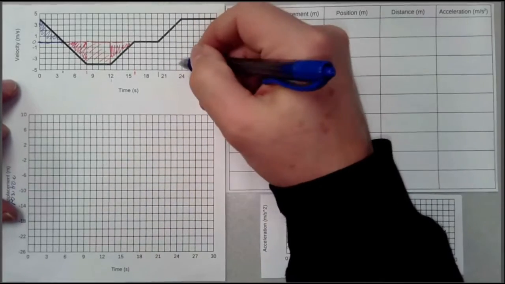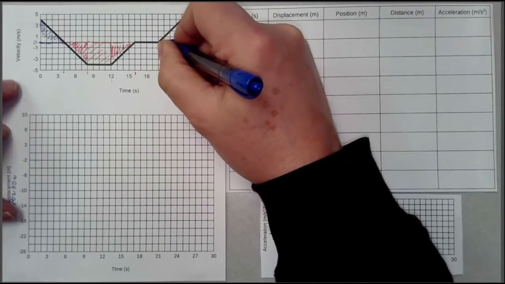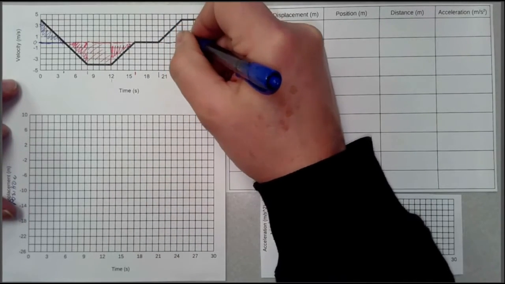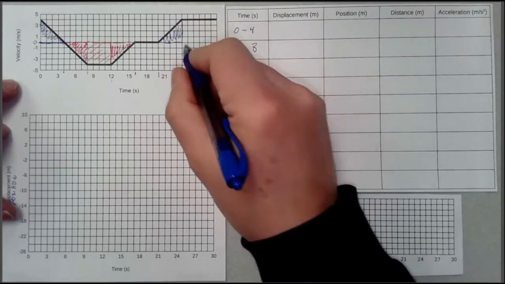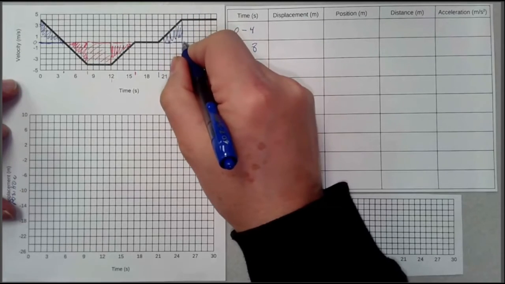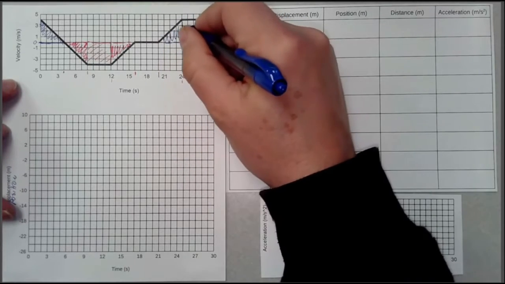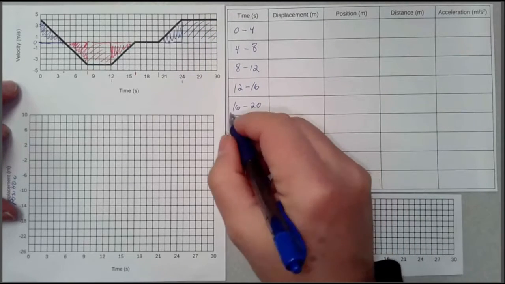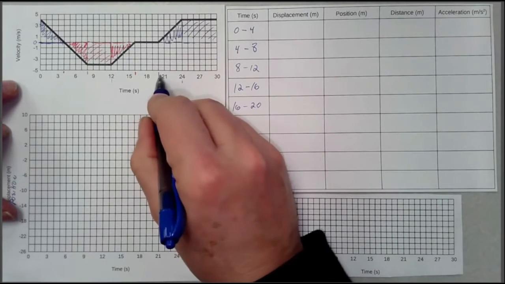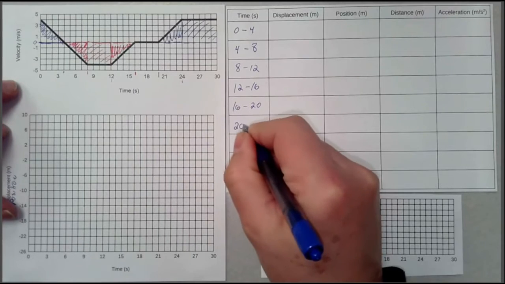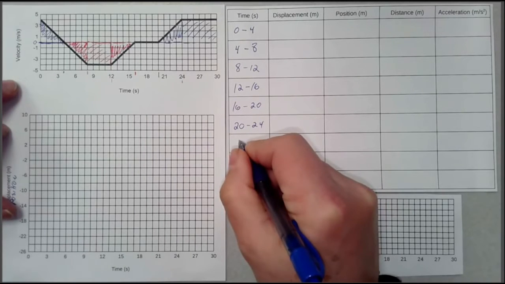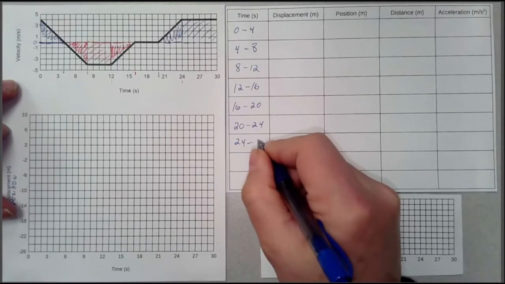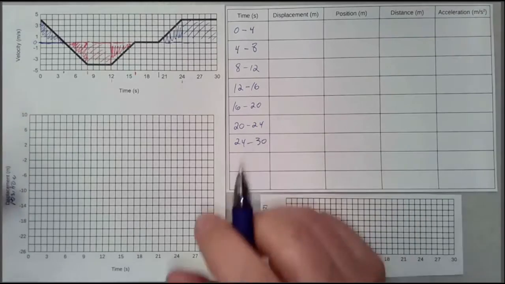And then from 20 to 24, we have a triangle. And then the last one, 24 to 30, is this rectangle right here.